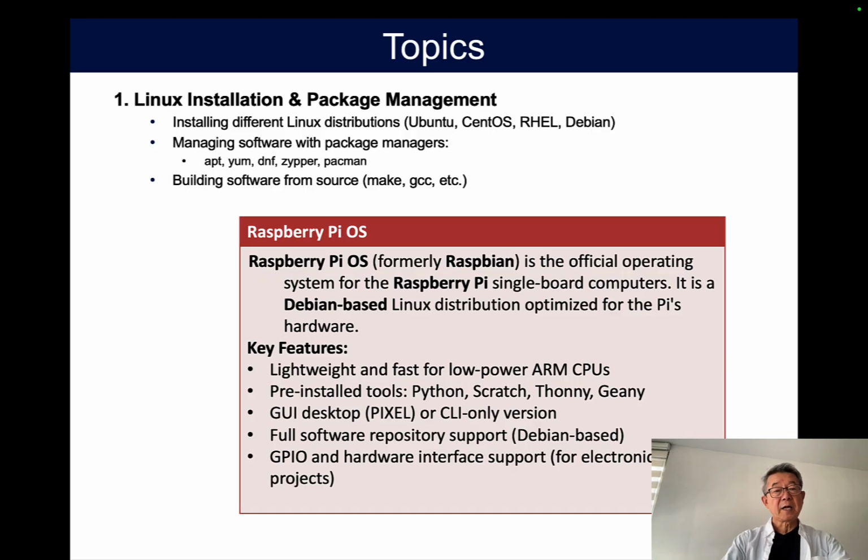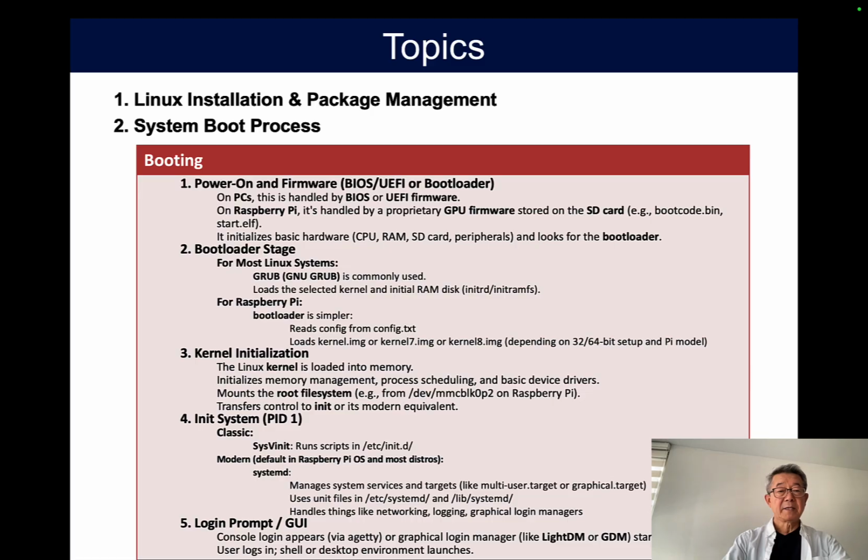Okay. So the first topic is installation, and the second topic is the boot process. This is not only the Raspberry Pi, this is a general Linux box booting process.